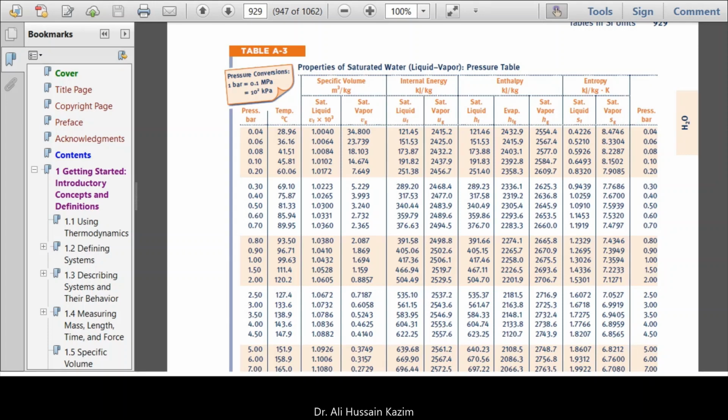Our V value is 0.5, between the VF and VG, which means that this thing is in mixed vapor region. Note the value of UF and UG as well, because we have to find the internal energy at 3 bar.